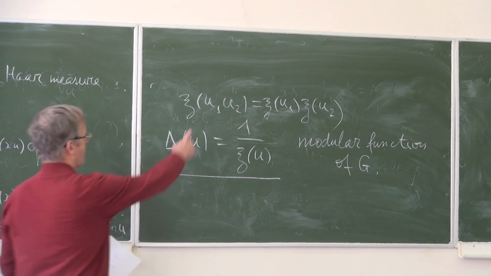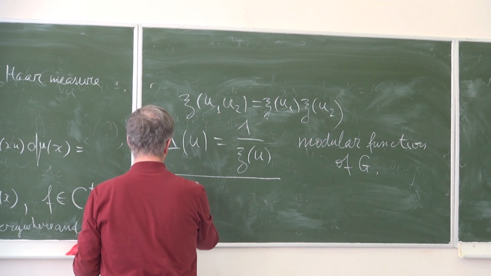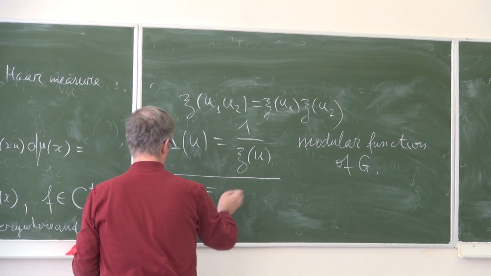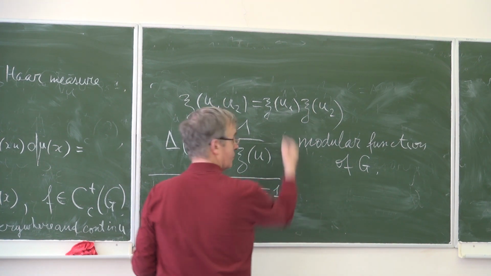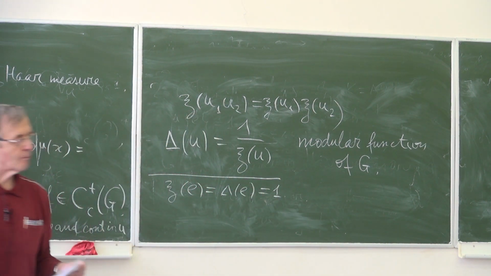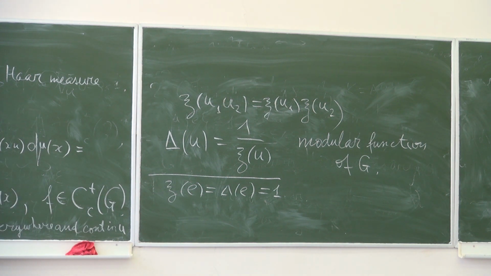What else? From this it also follows that xi of e on the unit element is equal to delta of e is equal to 1. Okay? Because it is non-negative and multiplicative, so it must be equal to 1.